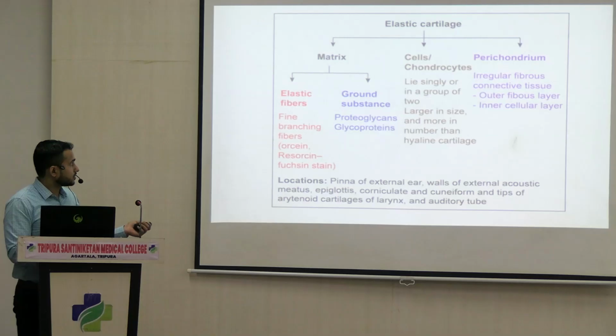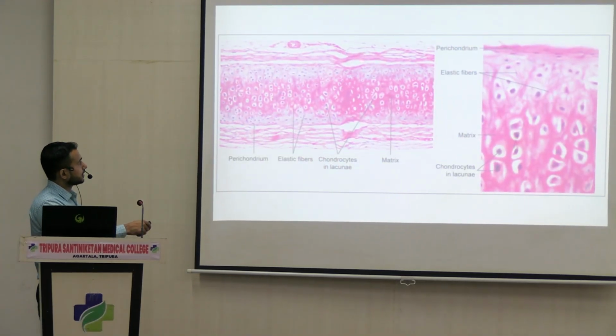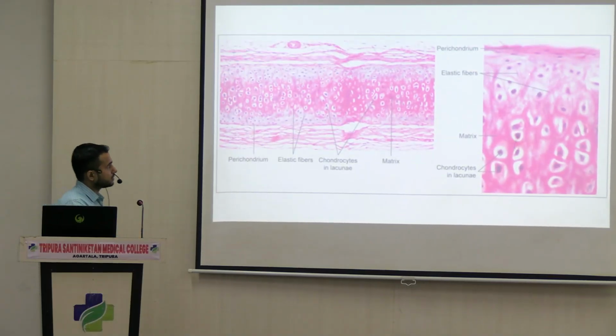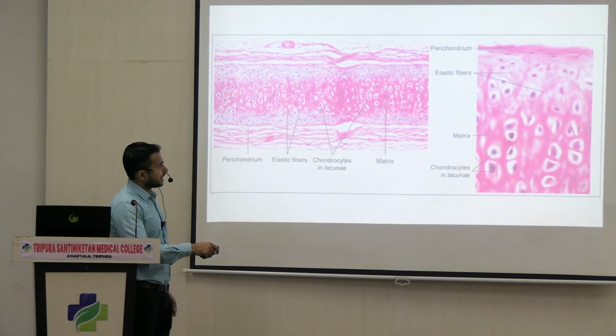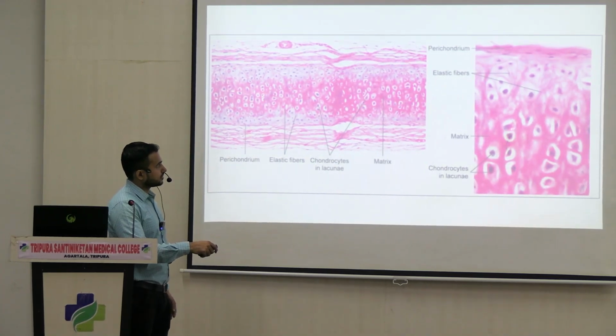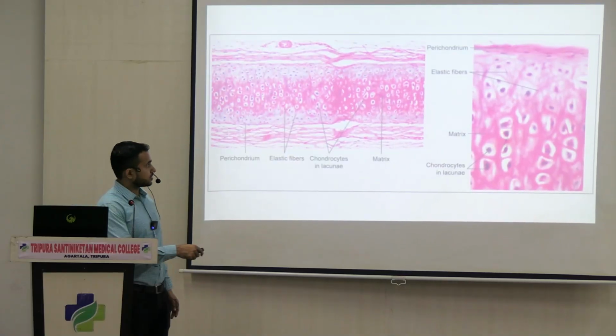Now, let me show you the diagram. So here you can see these are the elastic fibers. Here the perichondrium can be seen. Next, you can see these are the branching and anastomosing elastic fibers, and these are the empty spaces which are called lacuna. Inside the lacuna, these chondrocytes are present.